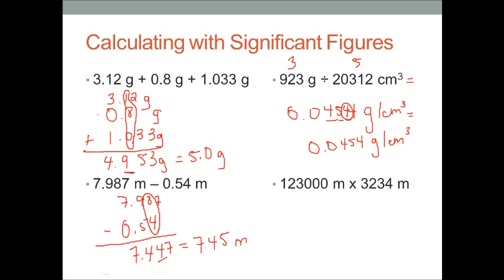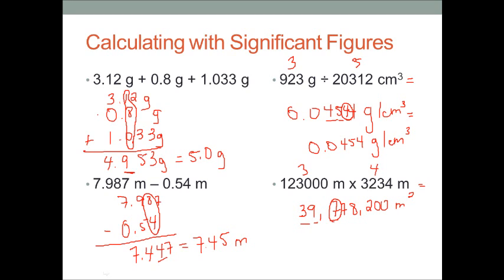Likewise, with multiplication, we have 3 sig figs for 123,000, and we have 4 sig figs for 3234. So we go ahead and we multiply out our number, which is 39,778,200 meters squared. So if we want 3 sig figs, we count 1, 2, 3.